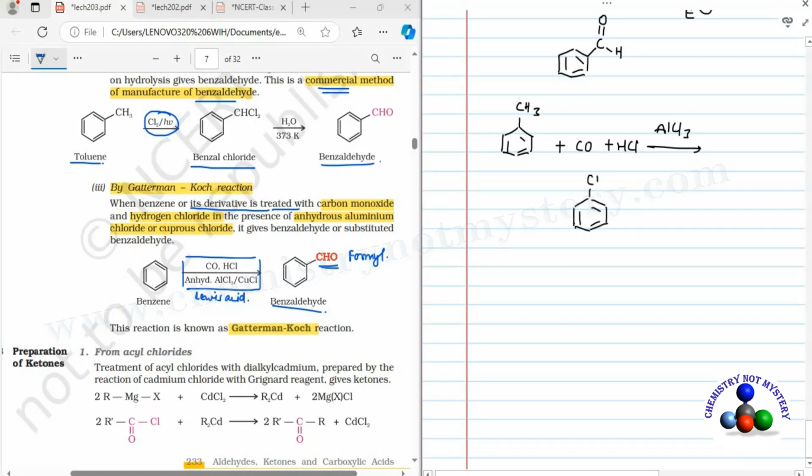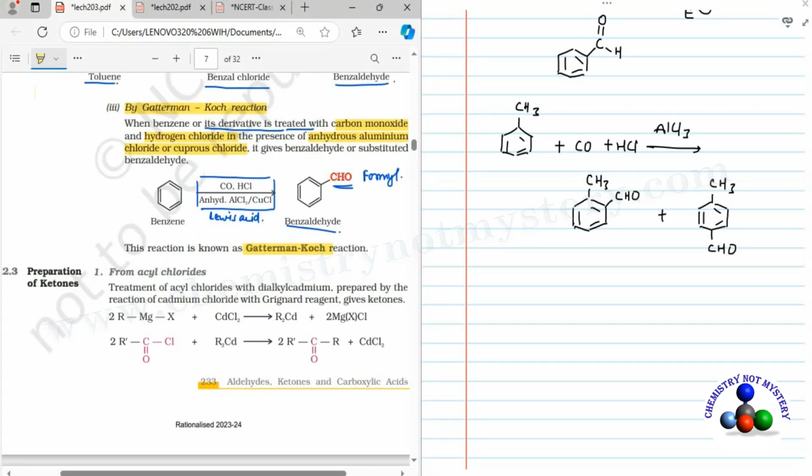So here you will get ortho-para derivative of toluene. CHO group may get attached to the ortho position or it may also get attached to the para position. So here this is CH3 and when it gets attached to the para position you will get, so that's how you will get substituted benzaldehyde also.